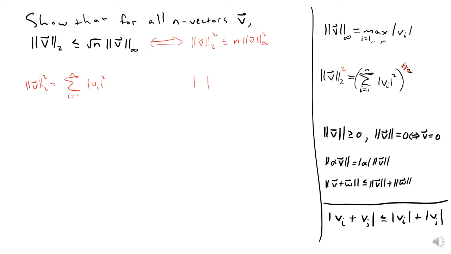So again, let's suppose we know what that biggest one is. So let's say v sub j is the biggest entry in this vector in absolute value. So for i equals 1 to n, if I look at the absolute value of v sub i and pick out the biggest one of those, I'll call that v sub j.